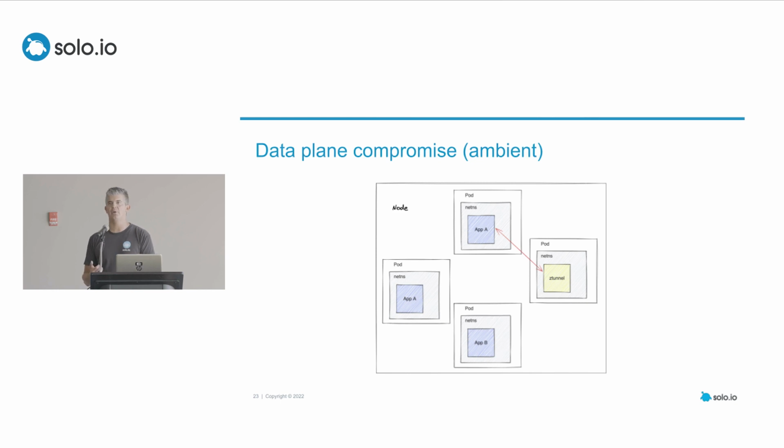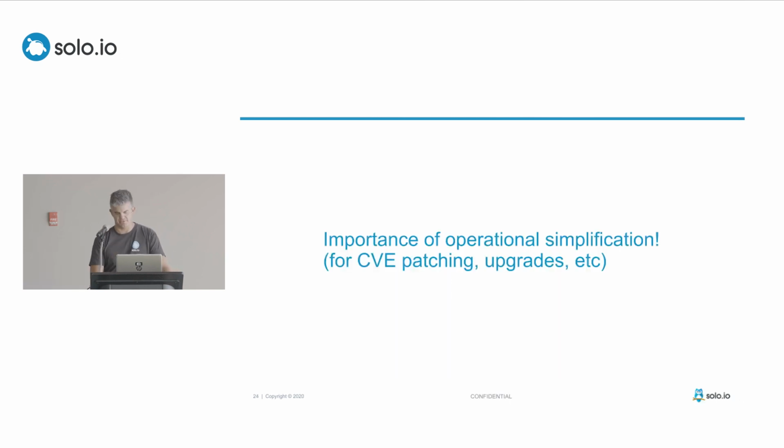And just like other components that are shared on the layer 4 path of your service mesh down into the Linux kernel, these are software. There's going to be bugs, there's going to be CVEs. You've got to be able to find them and patch them as quickly as possible, and do that without interrupting and taking down your applications. So just like you would patch your CNI, just like you would patch your kubelet, just like you would patch your Linux kernel, we want to treat the ztunnel component along the same lines as a critical shared component.